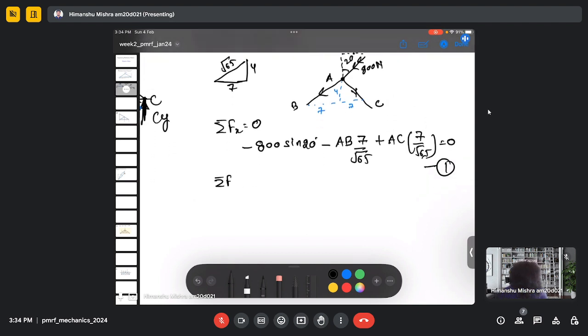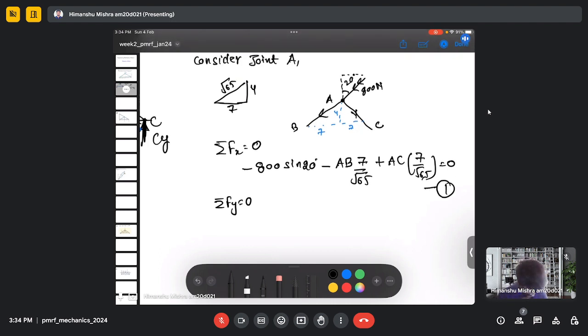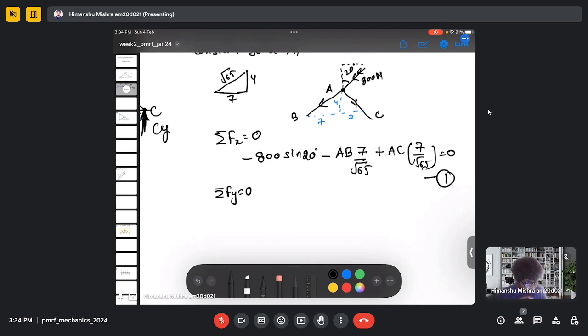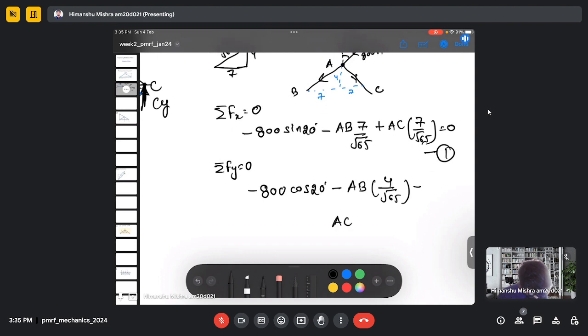And then I can do the force balance in the vertical direction. The summation of force is 0. So in the vertical direction I will have minus 800 cos 20 minus AB 4 by root 65 minus AC 4 by root 65 equal to 0.